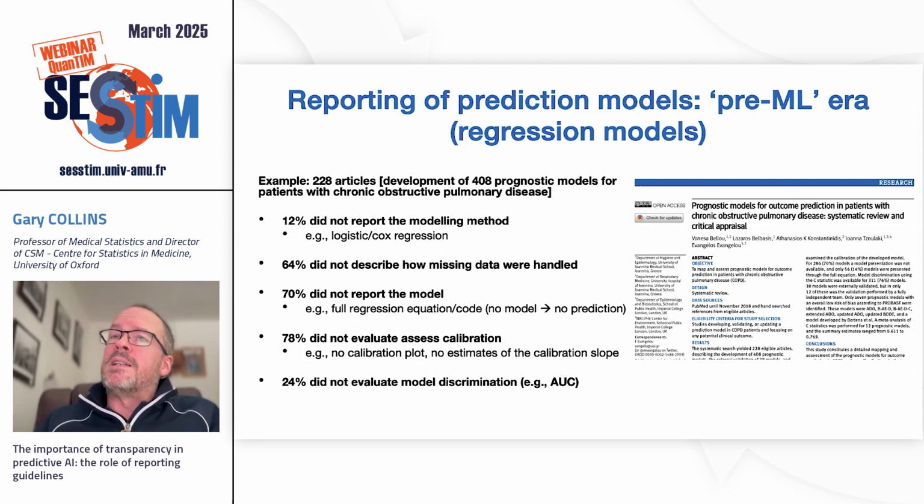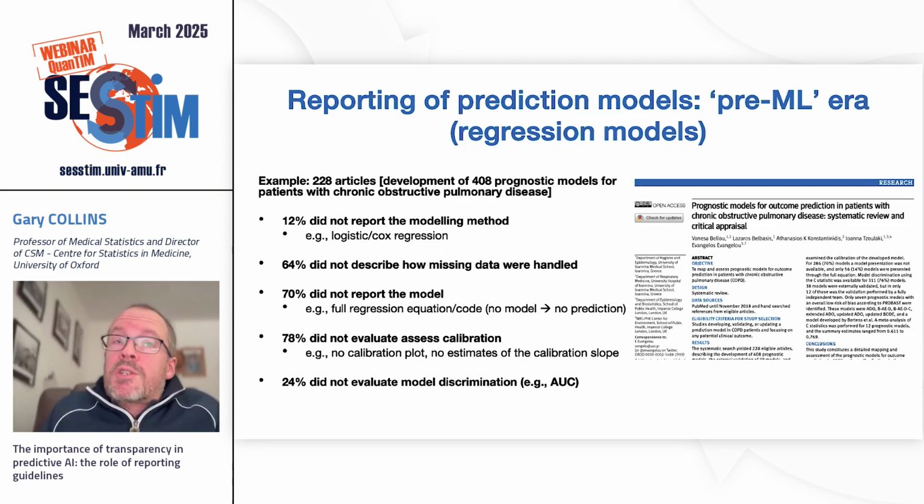In this study by Vanessa Bellew in the BMJ, 12% of the papers included in this study, 228 articles, did not say whether they fit a logistic regression model or a Cox model. This is basic stuff. Missing data. Now, we can't do research generally without missing data. Missing data is just omnipresent. Even with well thought out mechanisms, even in trials, there's usually some missing data, so we can't avoid it. Yet in this study, 64% didn't describe how they handled missing data.